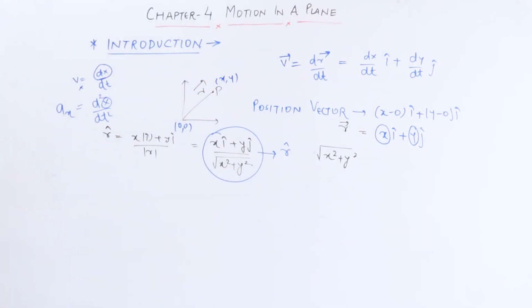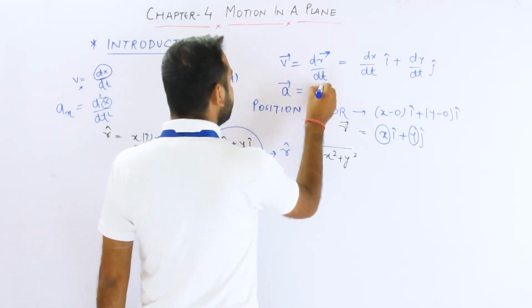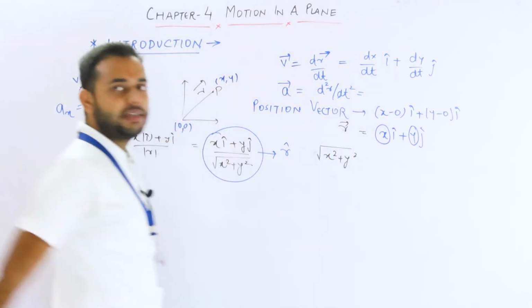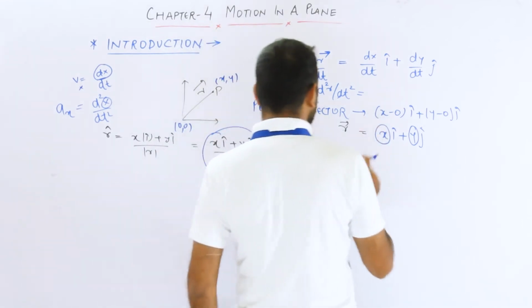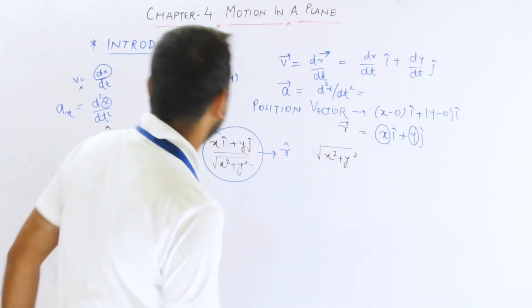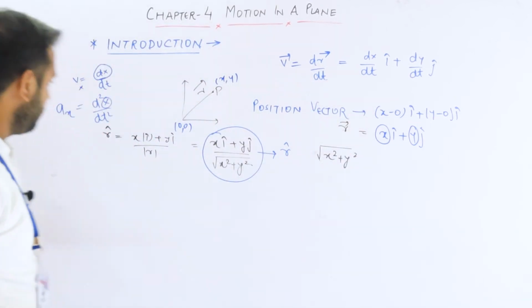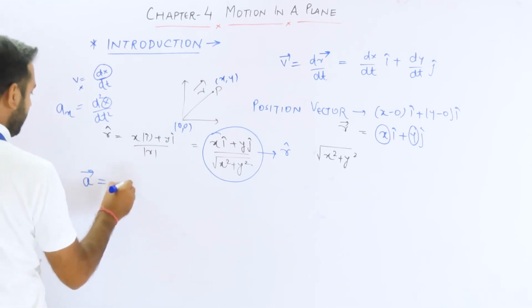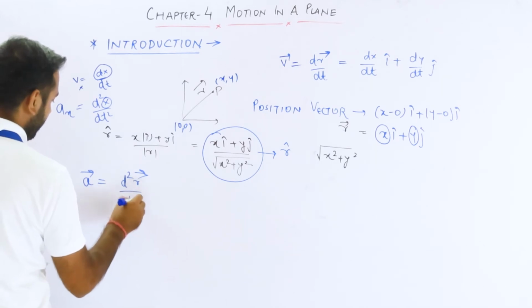Okay. So similarly, if I ask about acceleration, which is d2r divided by dt square, what should be my acceleration in this case? Acceleration is simply d2r divided by dt square.